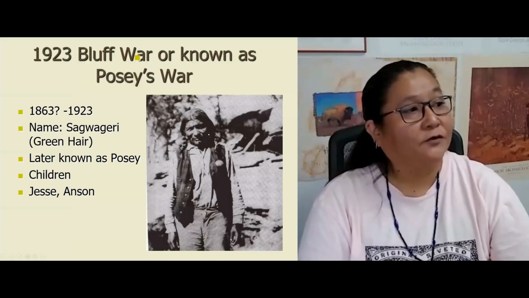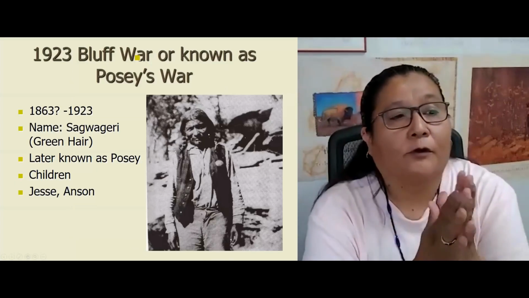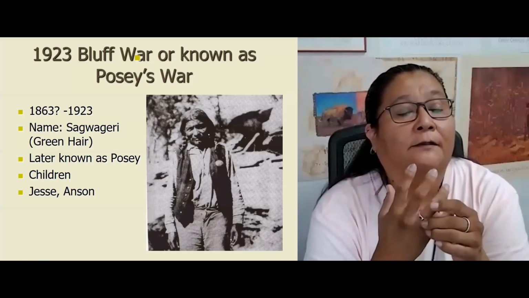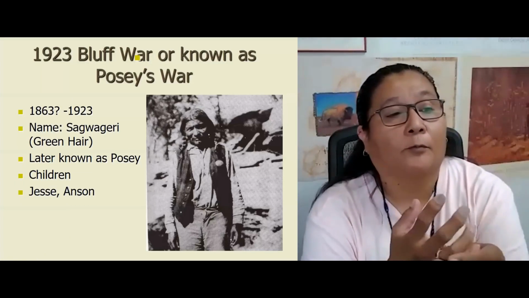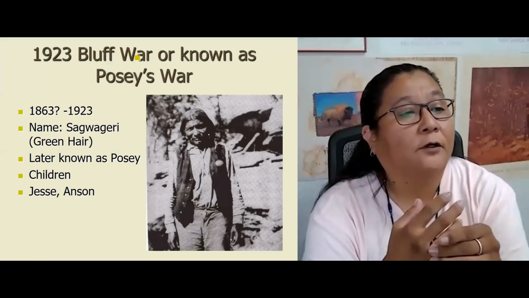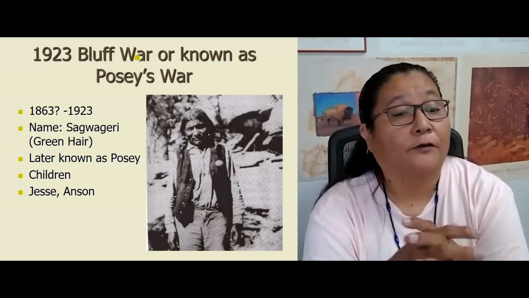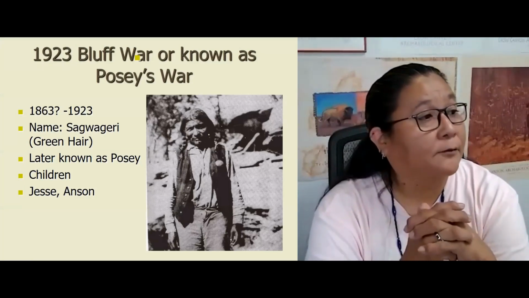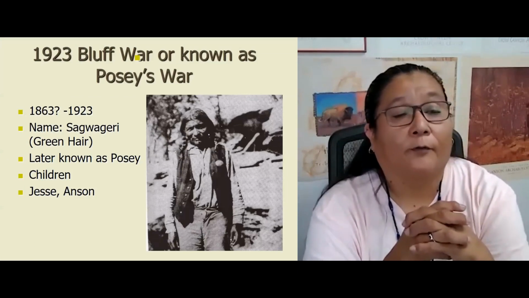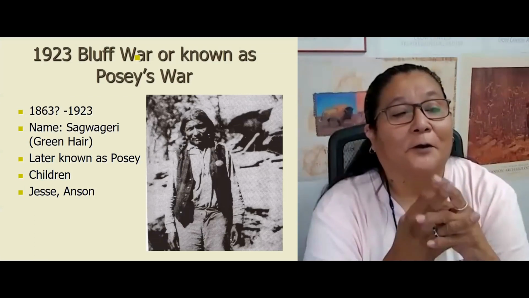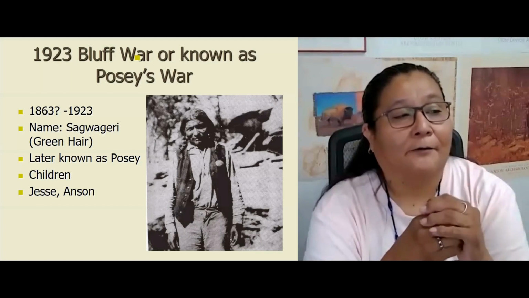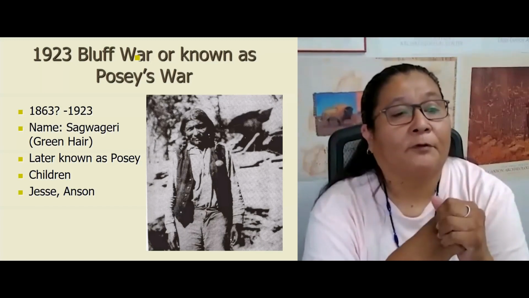So in 1923, there was a war in Utah, and they often call it the Bluff War or Posey's War. And so Posey was, or they called him Paiute Posey. Posey was one of the renegades that would kind of terrorize everybody, all the Mormon people and stuff.